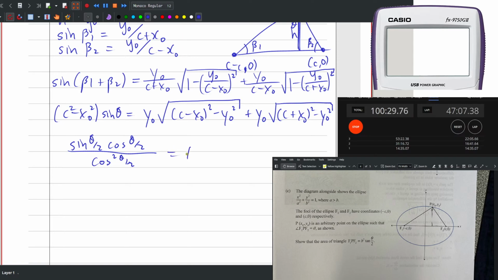And then that will give you your tan theta on 2. And then this is sine theta, right? And then this is 1 minus sine squared theta on 2, which is stupid.